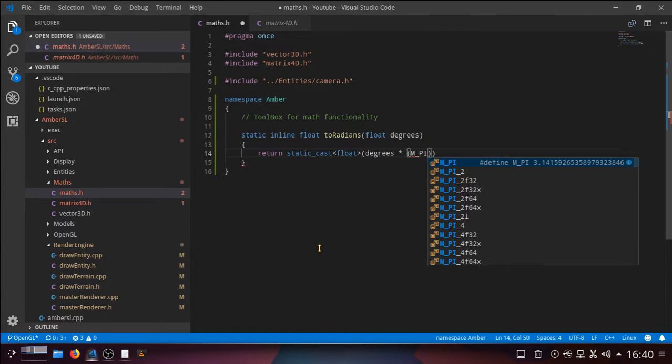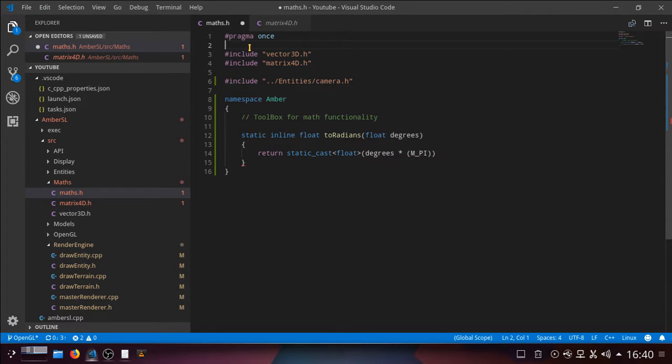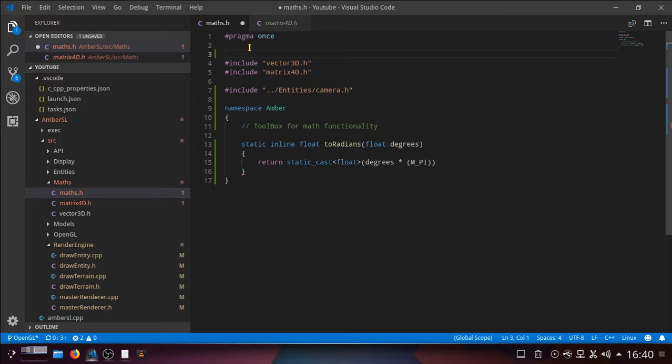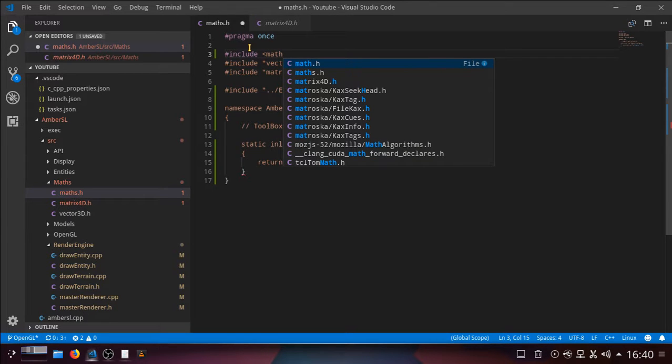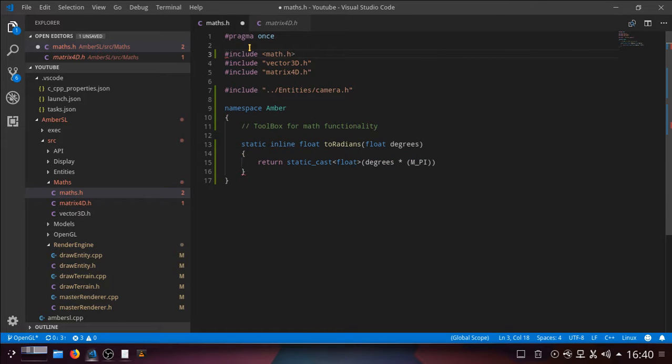Thank you. I know I've got maths included somewhere there, and really that has come from a hash include, which is math.h. Thank you. That's where it's come from. So that's where M_PI resides.